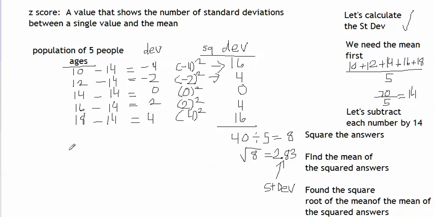Now we can take our ages of the 5 people, and for each one, we can get z. There's this formula right here.